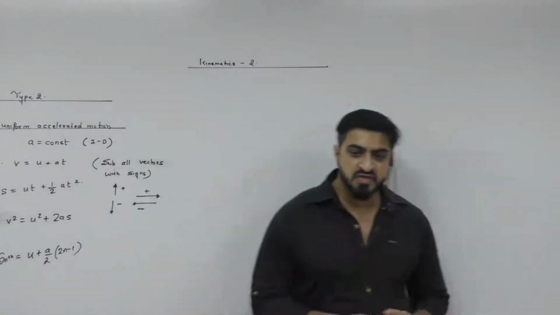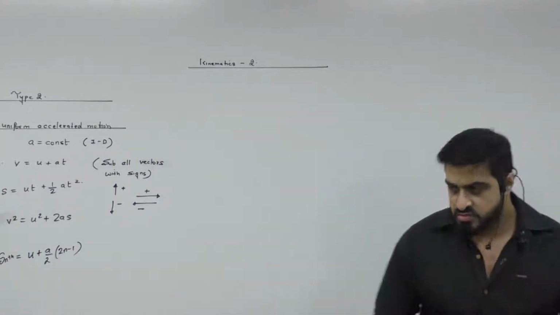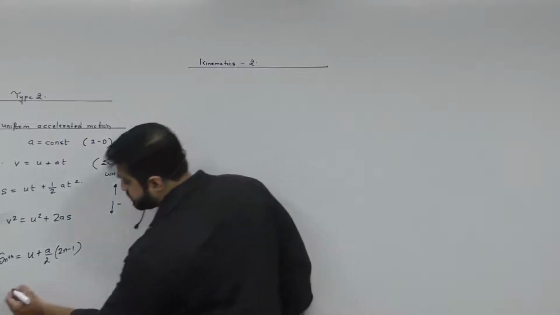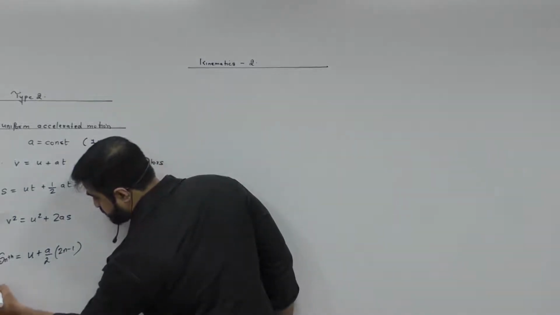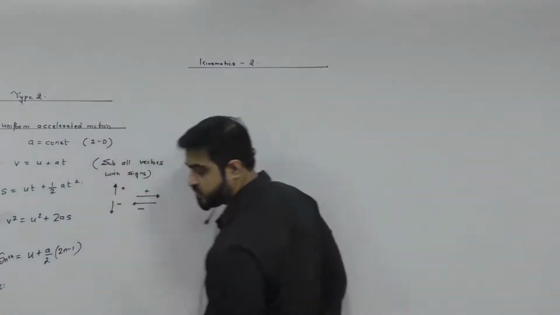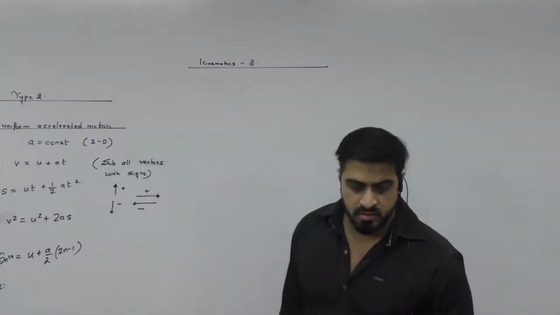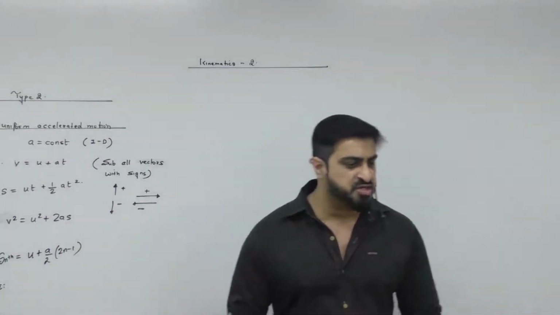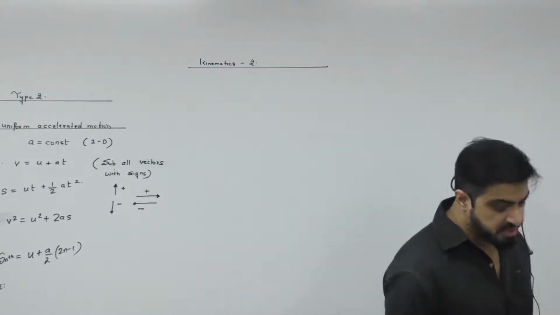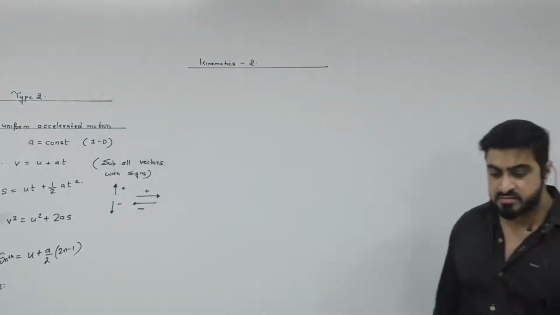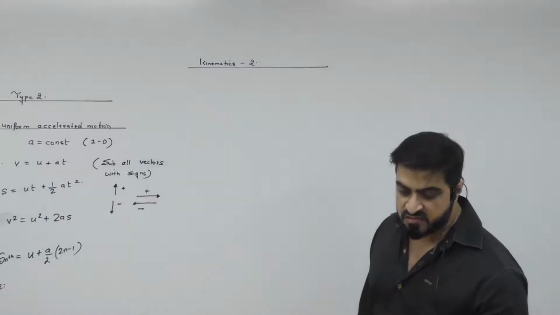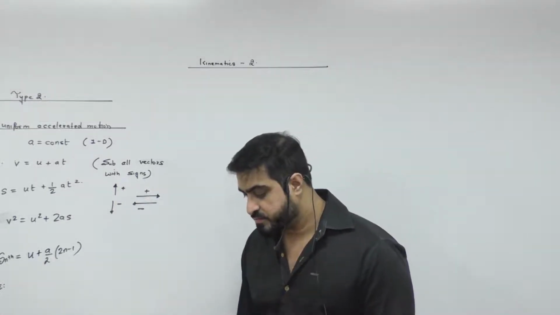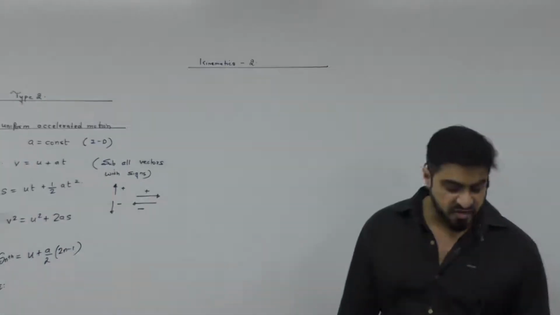So on the basis of this, one more note point is there. That displacement is always measured from the starting point, right? Displacement is always measured from the starting point. Write fast, please.